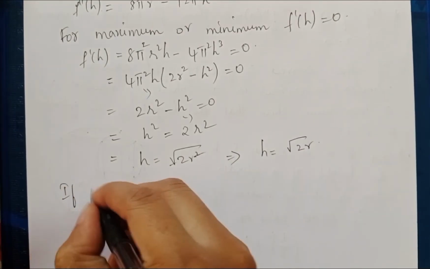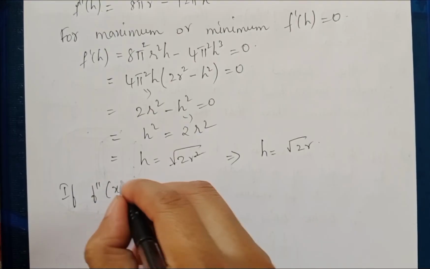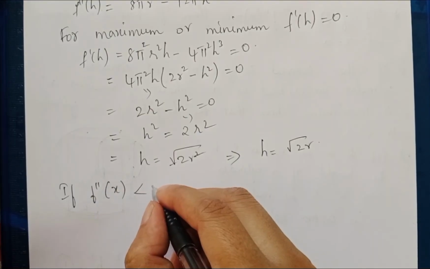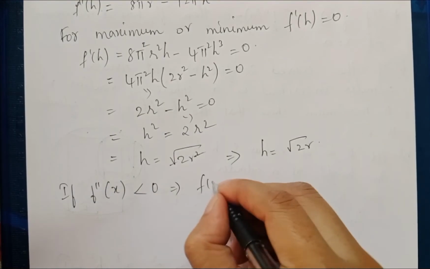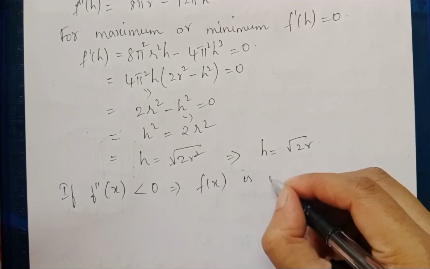We know that if f double dash of x is less than 0, the function f of x is maximum.